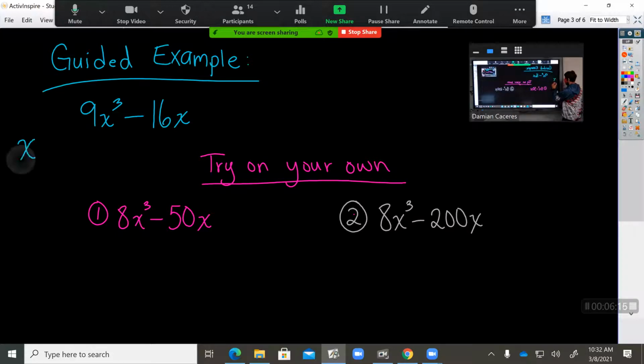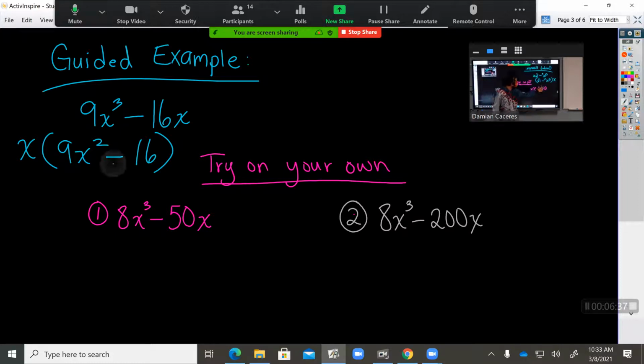So you can factor out the x and write what's left in there. 9x to the second power minus 16. I don't know why I put 4 there. Minus 16. And now look at your parentheses. What's in the parentheses is the difference of two perfect squares, so we're ready to put the answer.